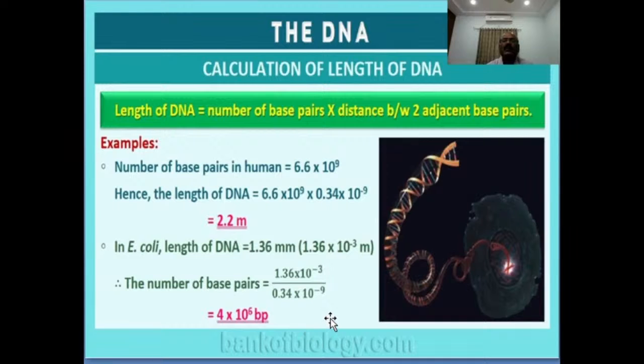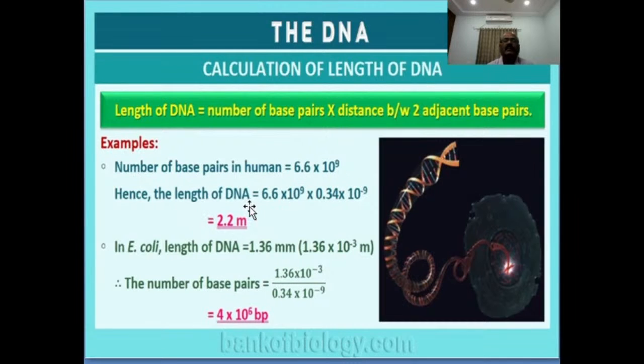Calculation of length of DNA. So length of DNA is the number of base pairs into the distance between two adjacent base pairs. Example, the number of base pairs in human beings is 6.6 into 10 to the power of 9.